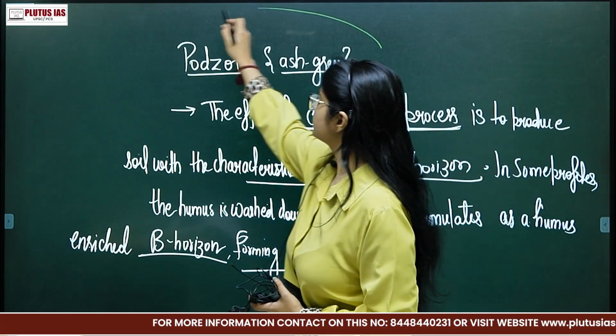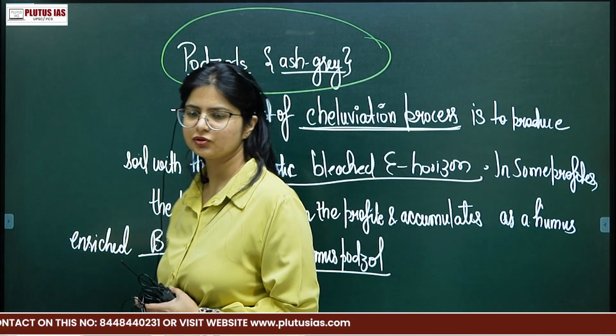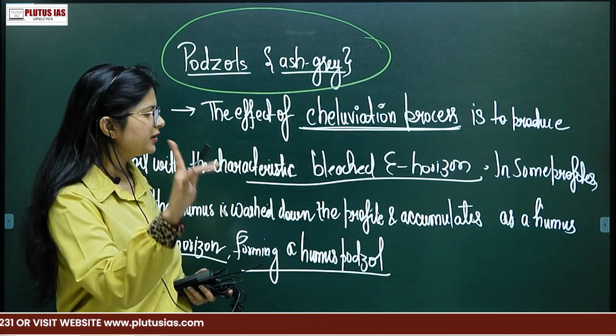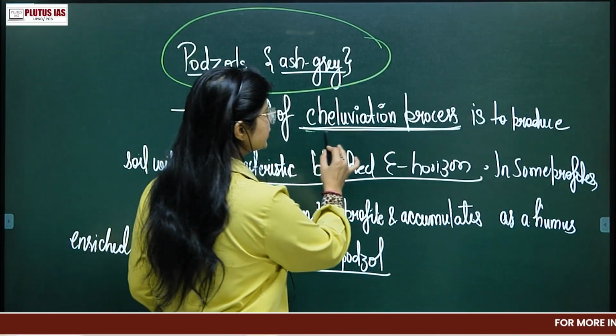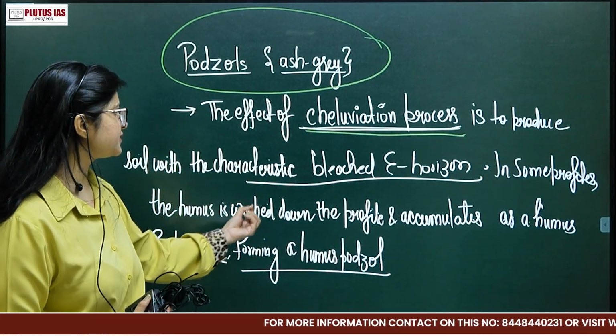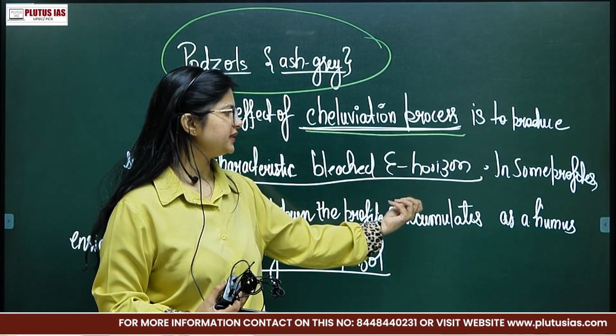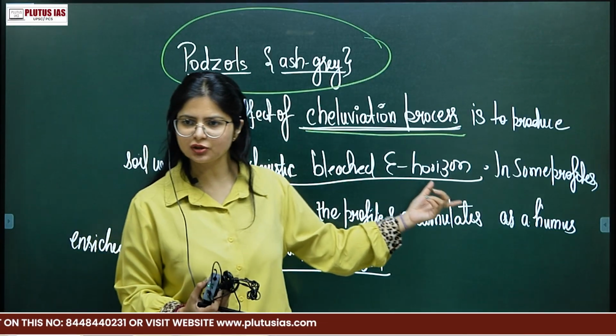Now podzols. Podzols are ash gray. Starting from the first line, the effect of the cheluviation process is to produce soil with a bleached E horizon. What do you mean by E horizon? Eluviated soil.